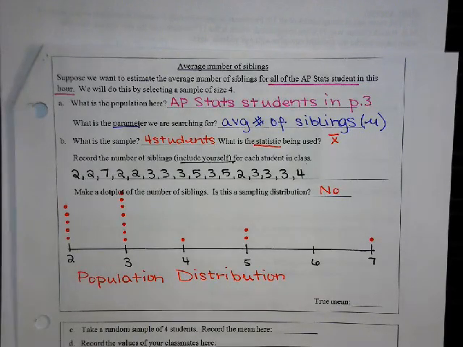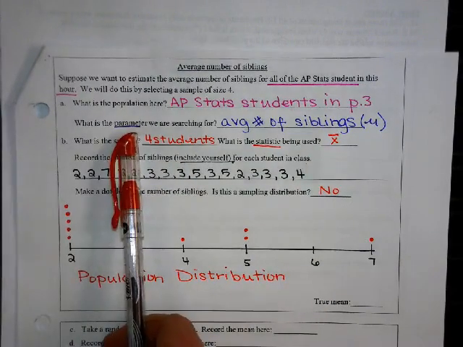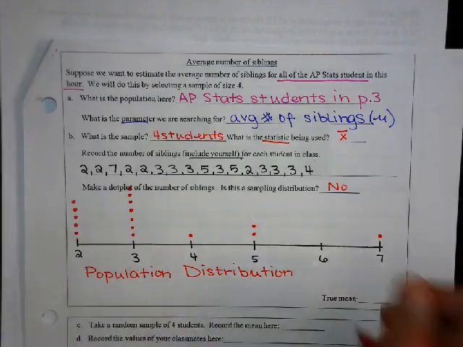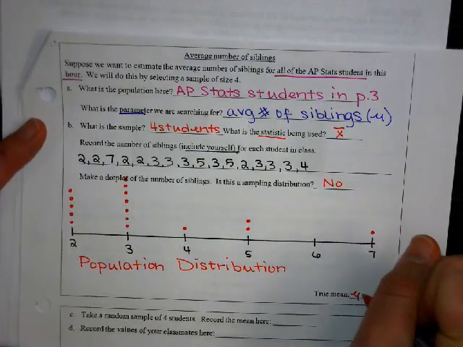What'd you guys get for the average? 3.25. I got that as well. What notation? Mu or X bar? Mu. It's a parameter because it comes from the population, so we're going to use mu. So the true average number of siblings is 3.25.